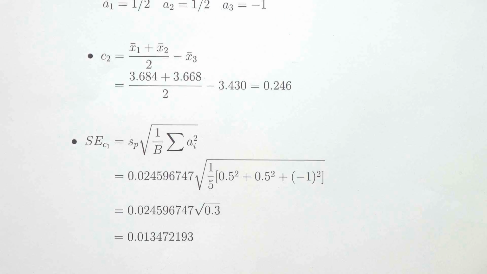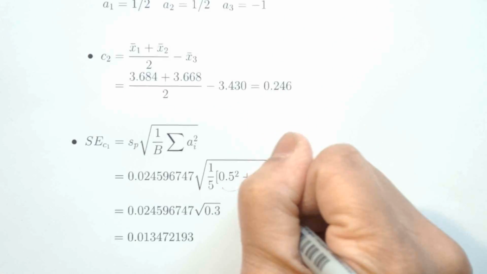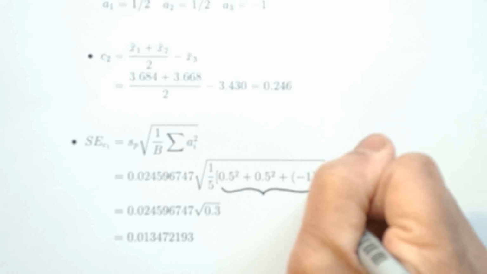And so here we can see that this is equal to 1/2 squared plus 1/2 squared plus 1, which is 1/4 plus 1/4 plus 1.